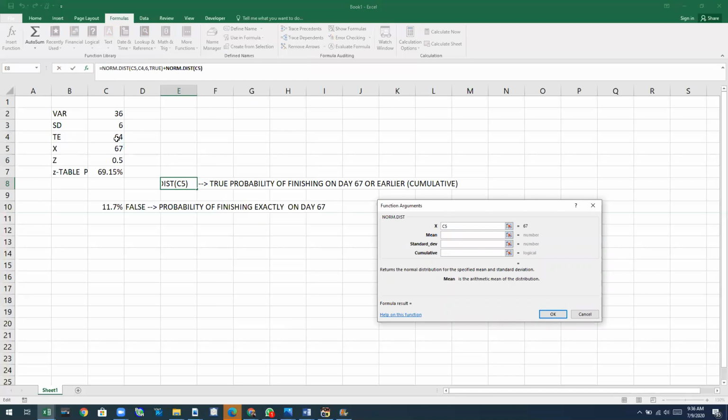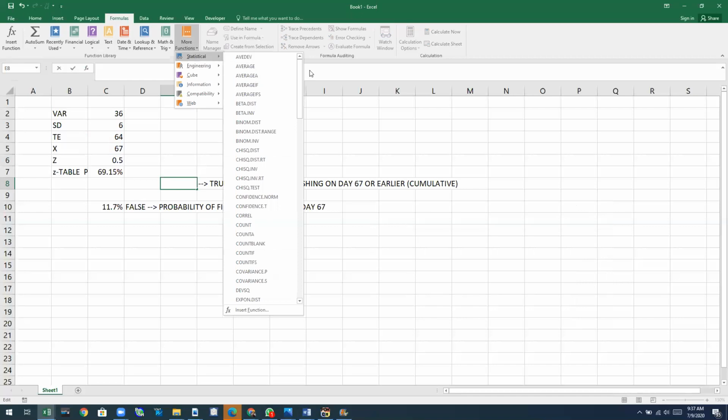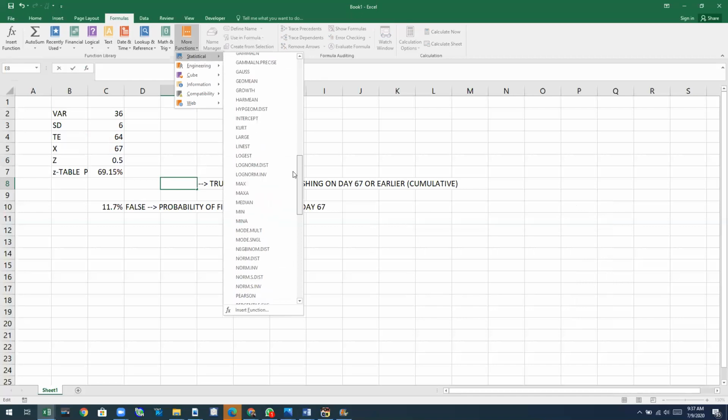The mean time is 64. Standard deviation is 6. For cumulative, we use the value TRUE. TRUE means we are looking for the cumulative distribution function, the probability that the project will finish on day 67 or earlier. So it's cumulative from day 67 and lower.